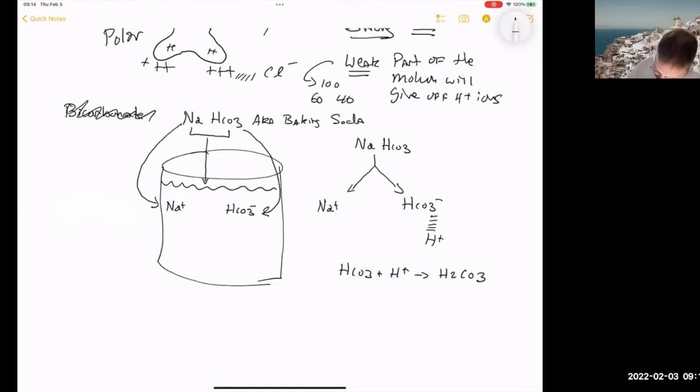So the bicarbonate accepted the hydrogen ion to form a new molecule. And so sodium bicarbonate would be considered a base because it is accepting hydrogen ions instead of giving hydrogen ions off. So bases, when dissolved in water, accept protons or hydrogen ions, and acids release or donate.